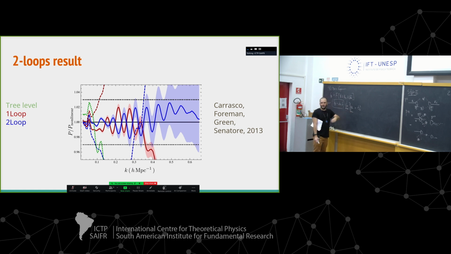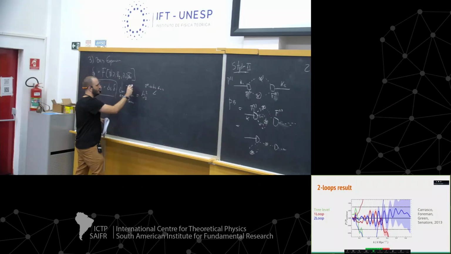So to define B delta, so this is a first order bias, we can use the 2-point function on large scales.